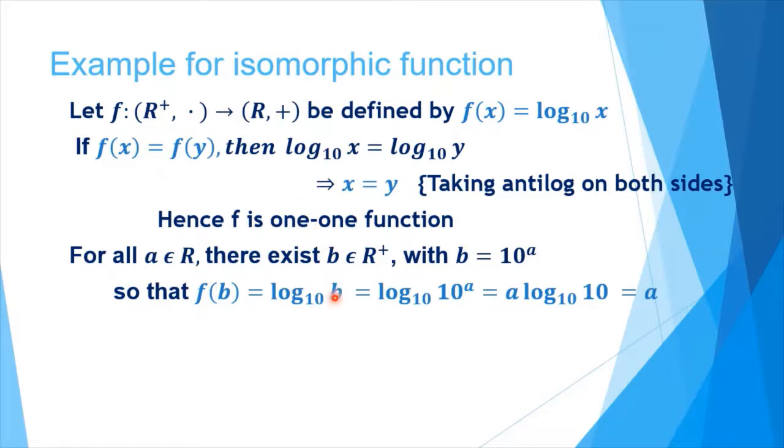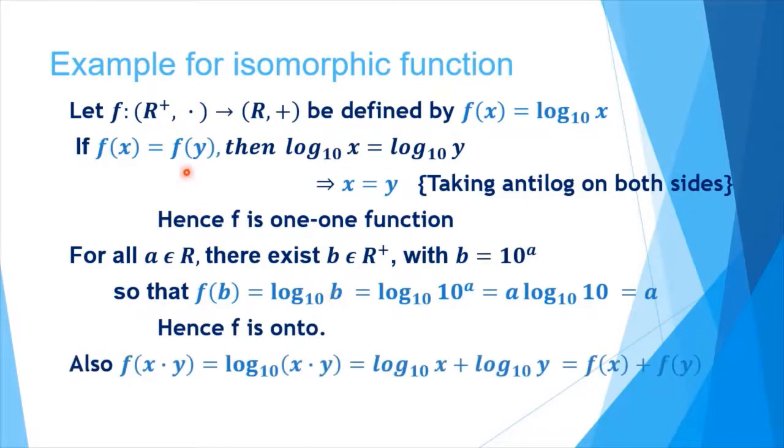Also we may note that f(x·y), that is the operation on the domain, you take two elements x and y in R plus, that is positive real numbers, then f(x·y) will be, by the definition, log(x·y) to the base 10. By the property of log, this can be rewritten as log x to the base 10 plus log y to the base 10.